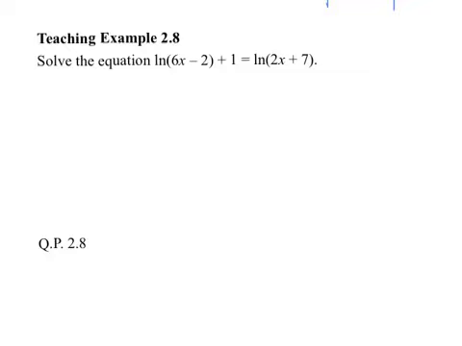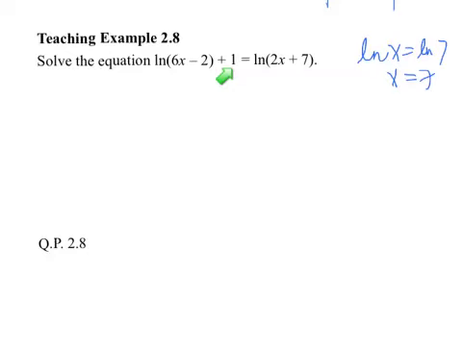Okay, for example 2.8, actually we apply a technique that is, say, ln x equals ln 7, then we can just compare the content, so we can say that x equals 7. So here we try to change 1 to something in ln.